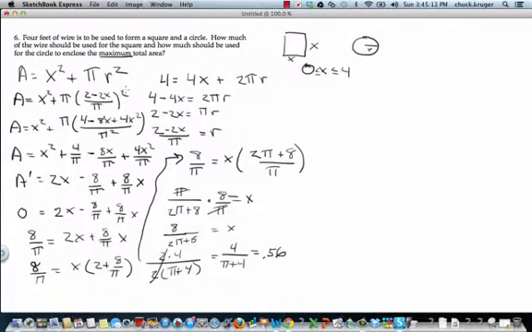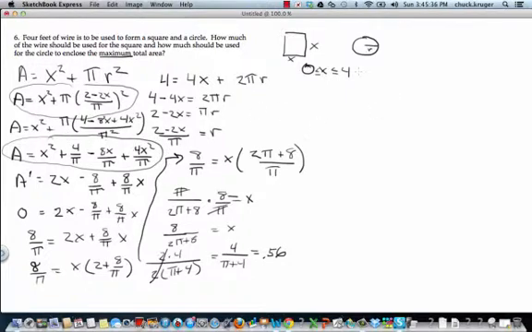And so here's my area formula right here. I think I simplified it down to here.